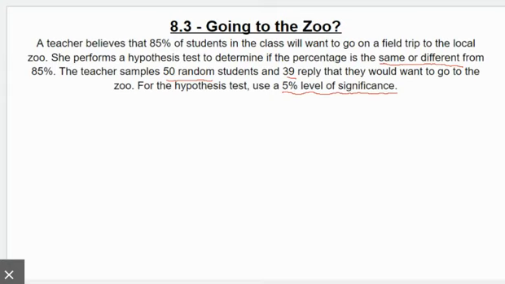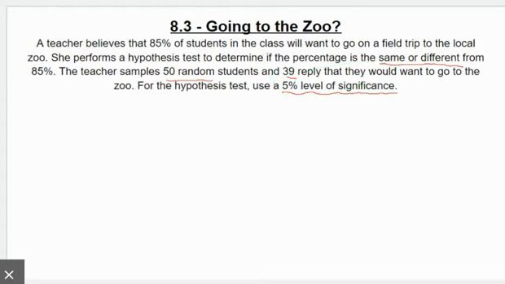So this level of significance is the same level of significance that we have used in the past to determine if something is unusual or statistically significant.